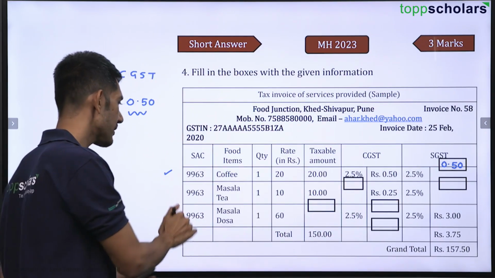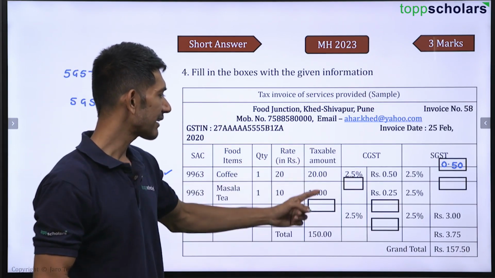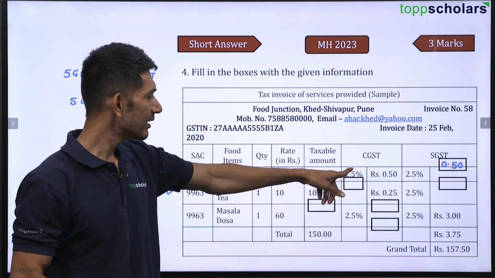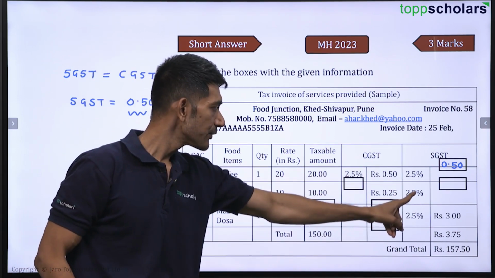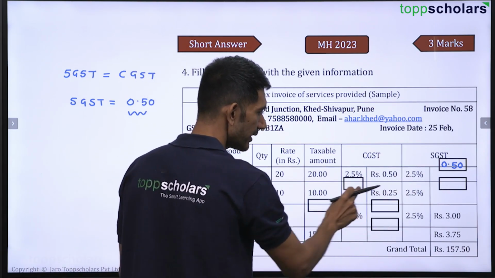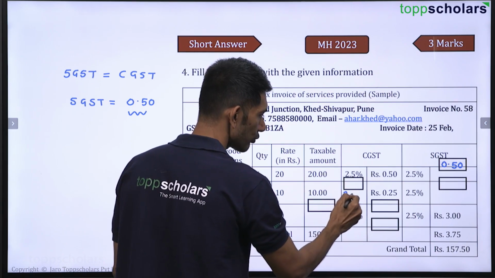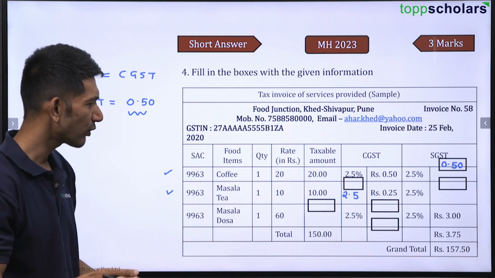Now we have masala tea. One masala tea, 10 rupees. Taxable amount is 10 rupees. Again, if you see, 0.25 is given and 2.5%. So obviously if SGST is 2.5%, can I say CGST is also 2.5%? You have to use some logic here. No need to even solve.